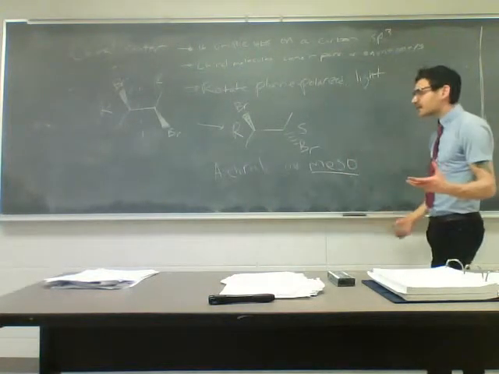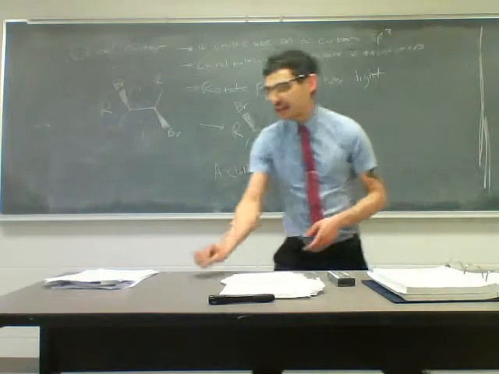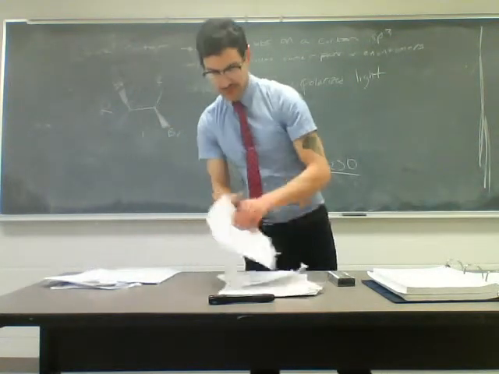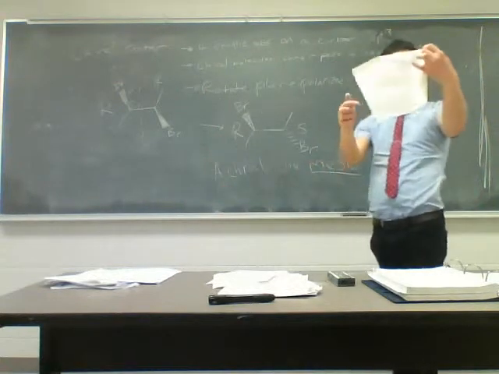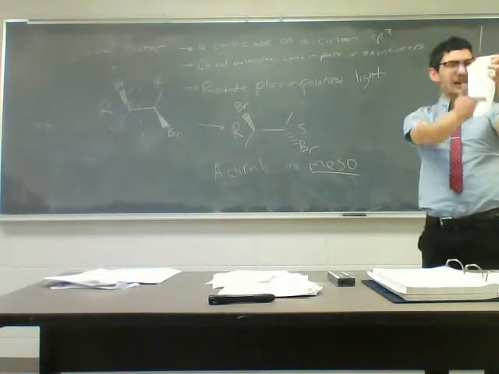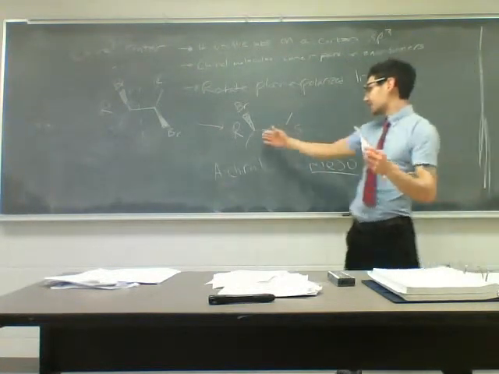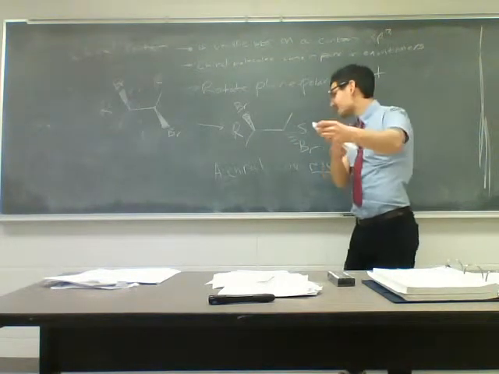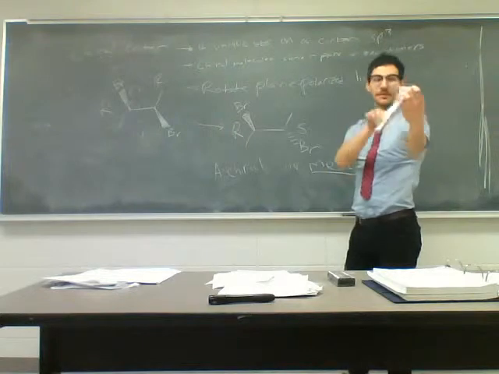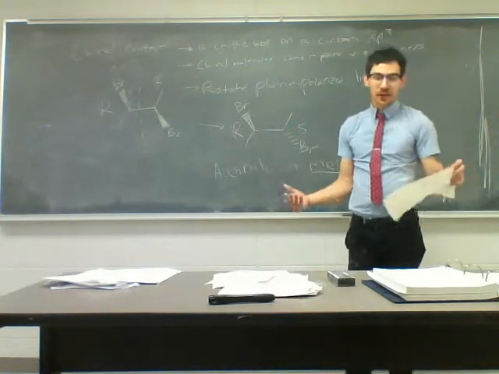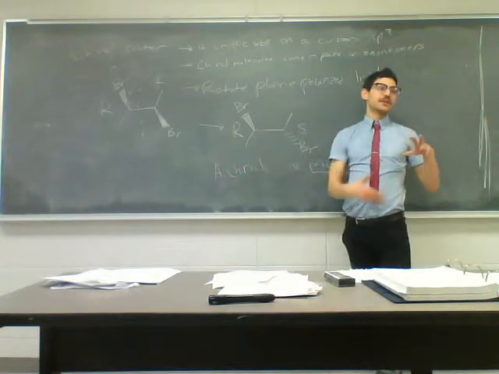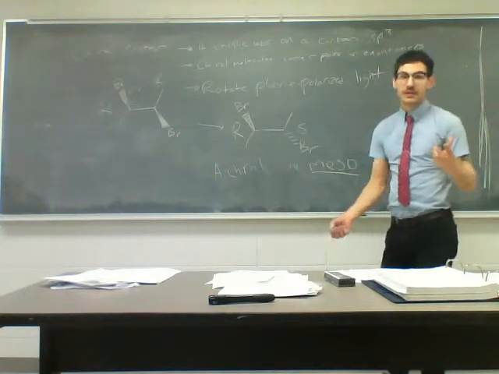And that is because when this plane of polarized light, imagine it's just this light that's wavelengthing inside this plane, hits it, the first center is going to rotate it one direction, and the second center is going to rotate it the opposite direction. And that's what happens also when we have just a solution that is a mixture of enantiomers.